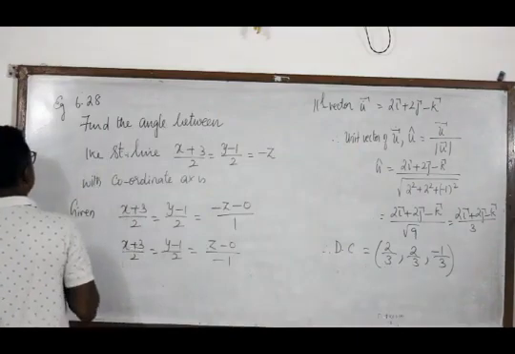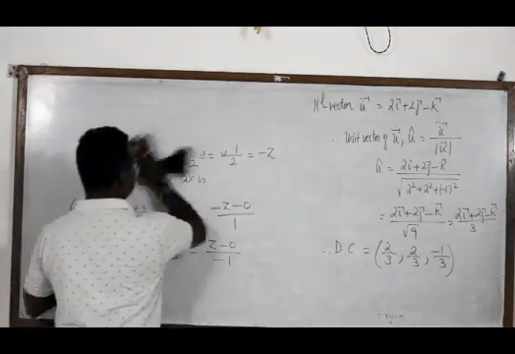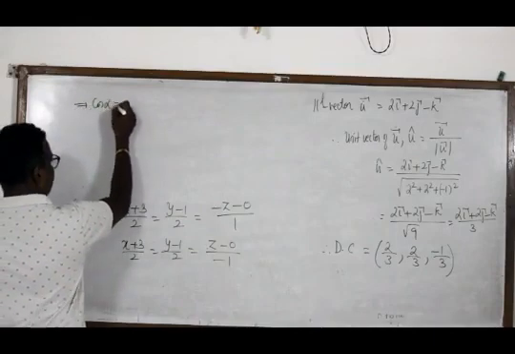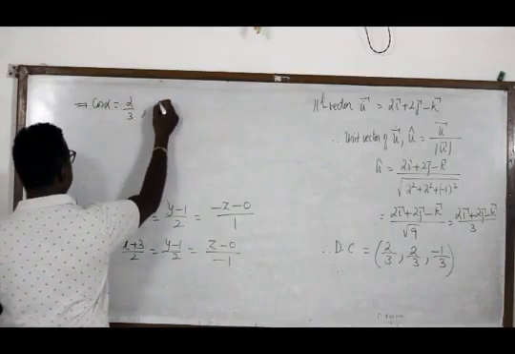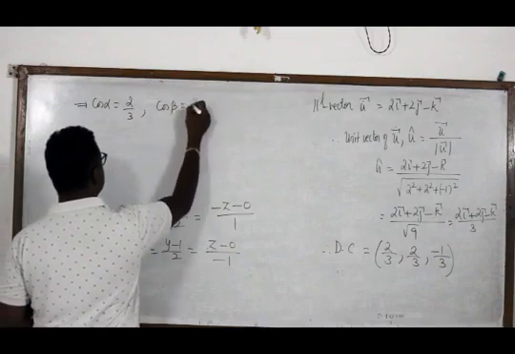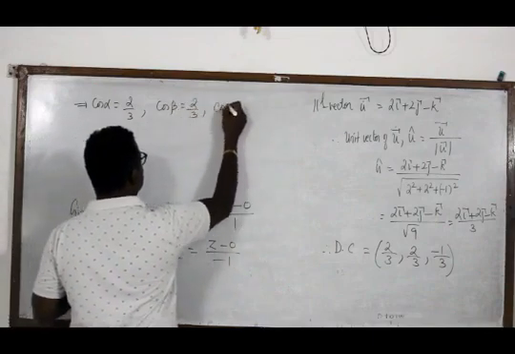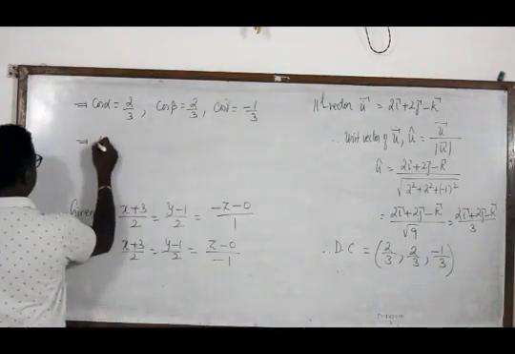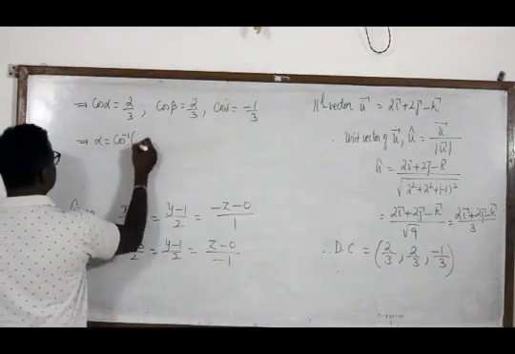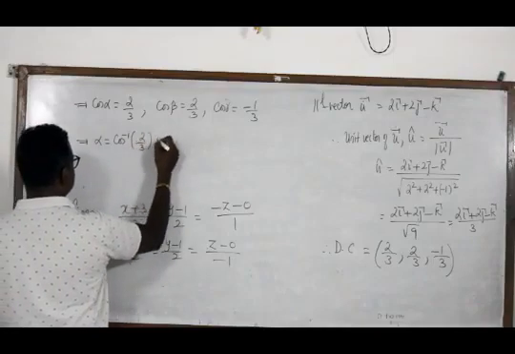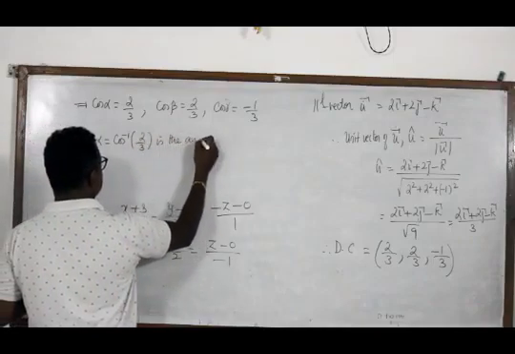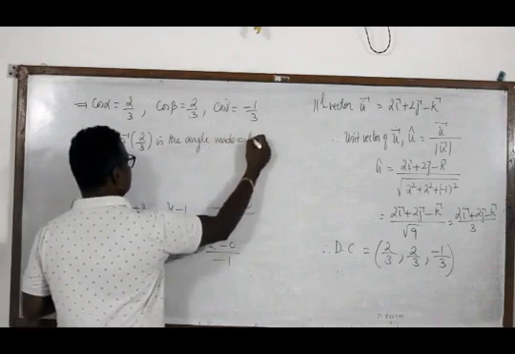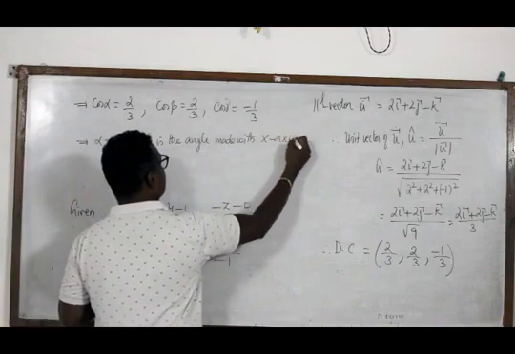This implies cos alpha is 2 by 3, cos beta is also 2 by 3, cos gamma is minus 1 by 3. From this, alpha equal to cos inverse of 2 by 3 is the angle made with the x-axis.